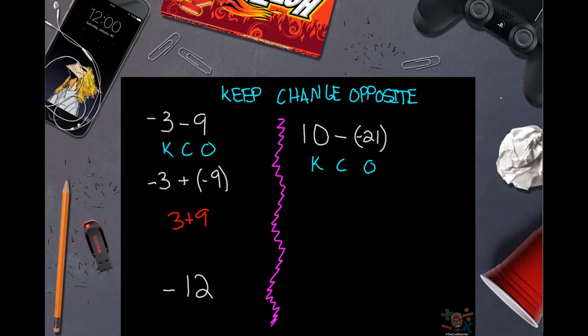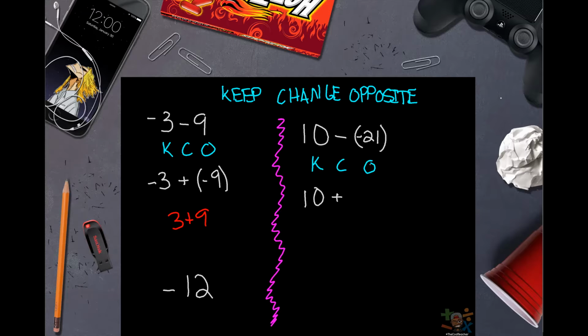And when we do KCO, what happens? Keep the 10. We change our negative or minus or subtraction sign into a plus, positive, or addition sign.